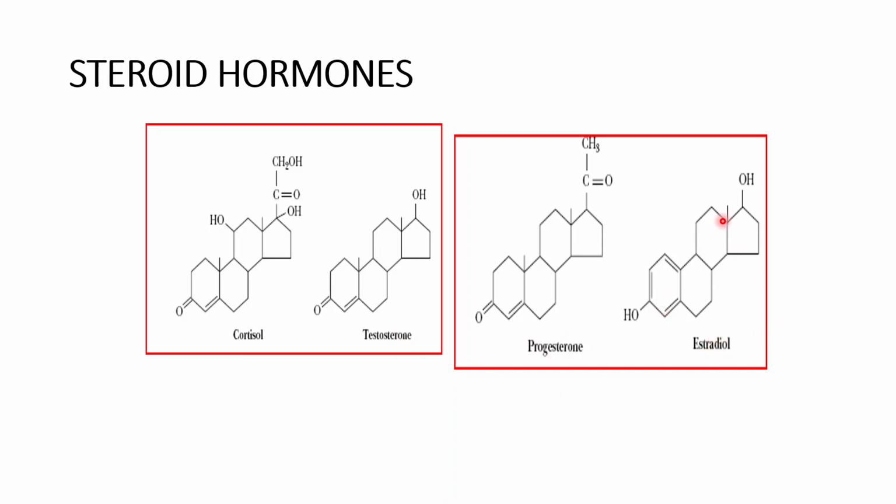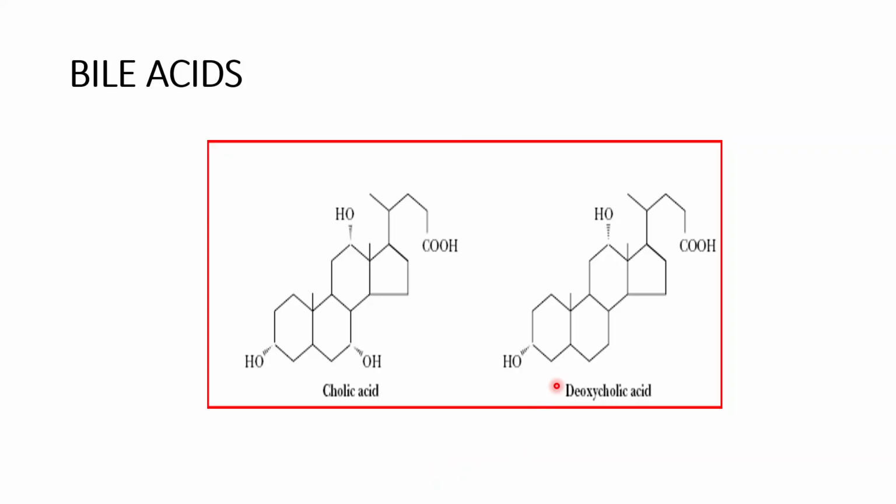So basic ring, that is steroid ring, remains same in all. Only thing is that you have to remember the double bonds, the different groups which are attached, hydroxyl groups, what is the side chain, how it is formed you can see, and by making these structures you will score more marks. So bile acids, cholic and the deoxycholic acid, so as it is acid, so carboxyl group is there.